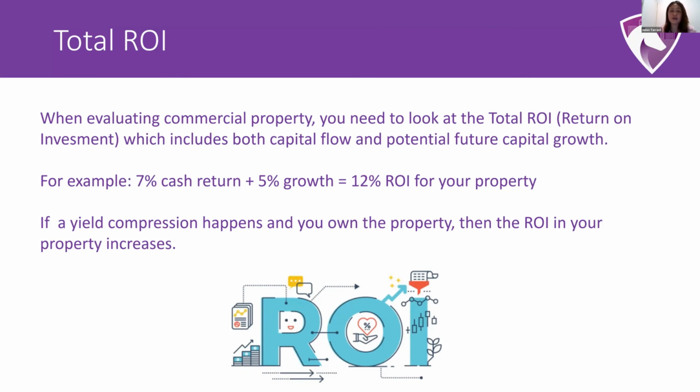Say the next year you get a 10% increase, then you're looking at 7% plus 10%, and that becomes 17%. And that's what makes it so attractive for people to do uplift projects, projects that have a vacancy in them, or are under rented, or projects with tenants that are vacant.